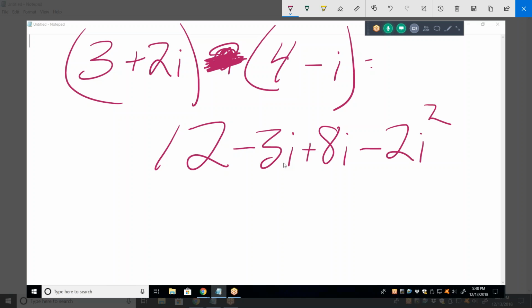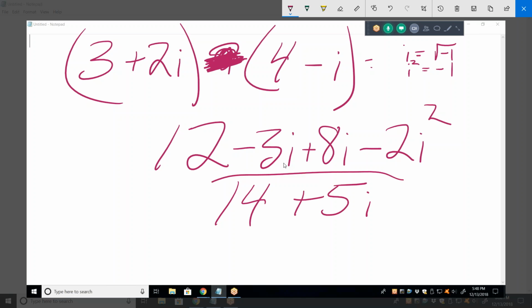That's the key. I squared is always convertible to negative 1. In other words, i is equal to the square root of minus 1, so i squared has to be minus 1. Now substitute minus 1 for i squared, and you get 14 plus 5i.